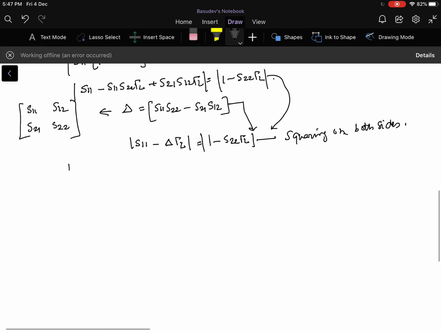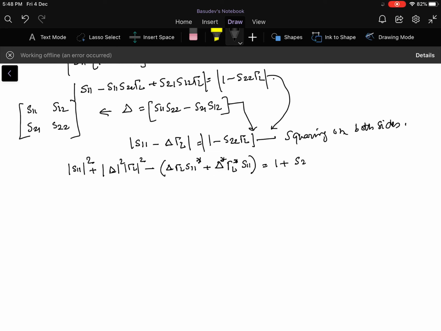It will be |S11|² plus |Δ|²|τL|² minus (Δ τL S11* plus Δ* τL*), which is a conjugate quantity. Star means conjugate quantities.